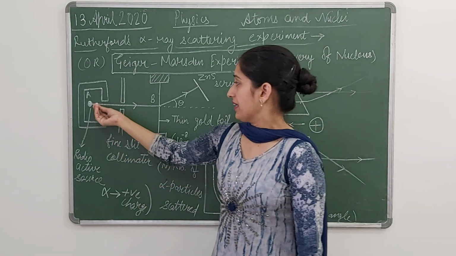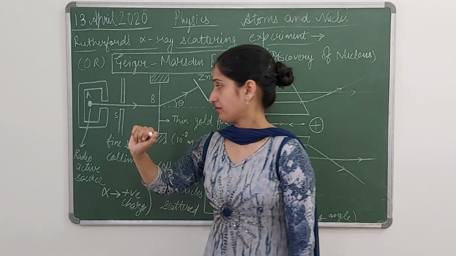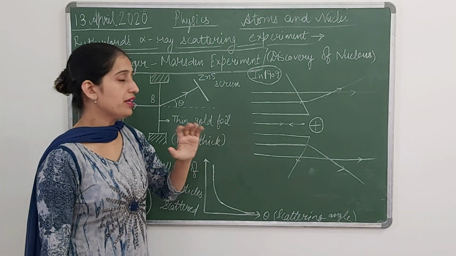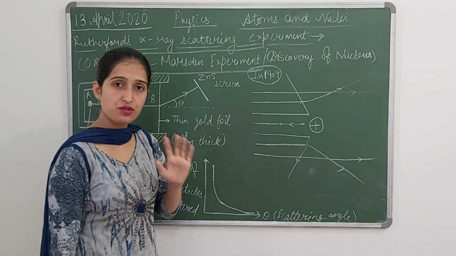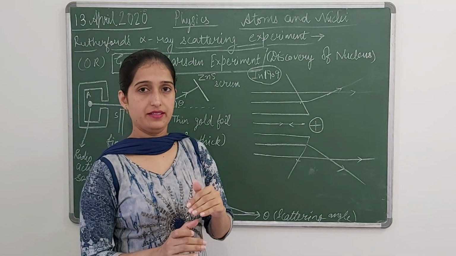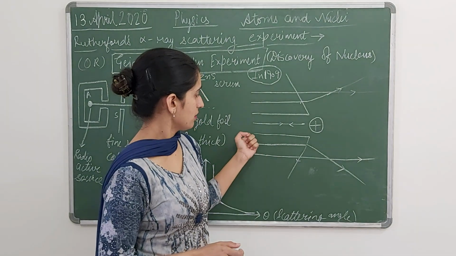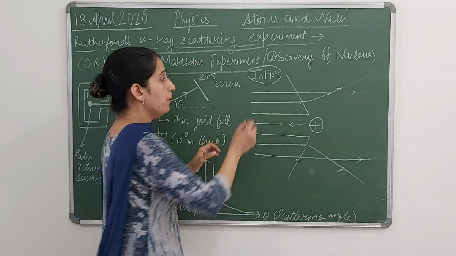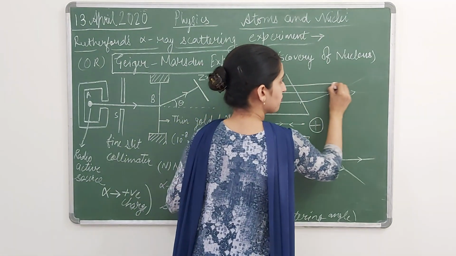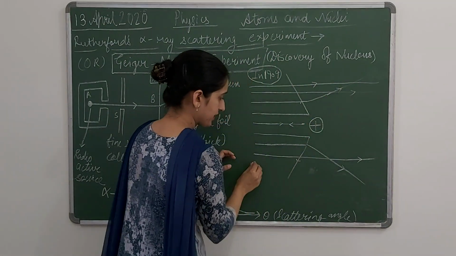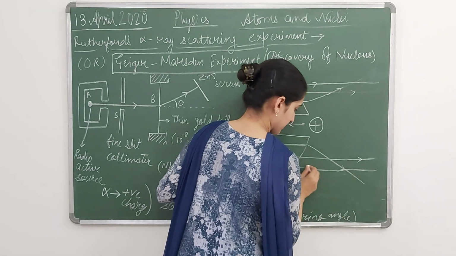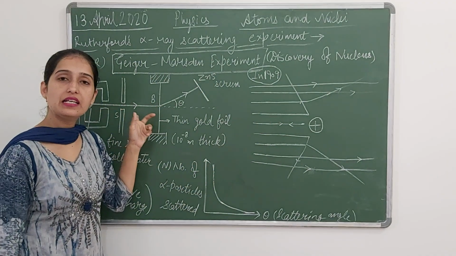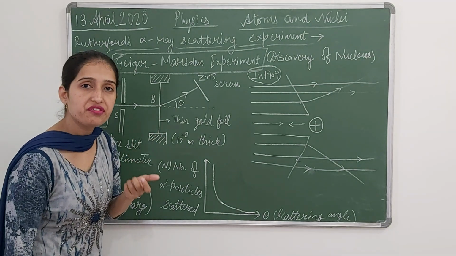So, what we observe here, look at this diagram. We consider 3 points. The main point is many of the alpha rays will go straight without any deviation, because it is not a single ray, it is a combination of rays.